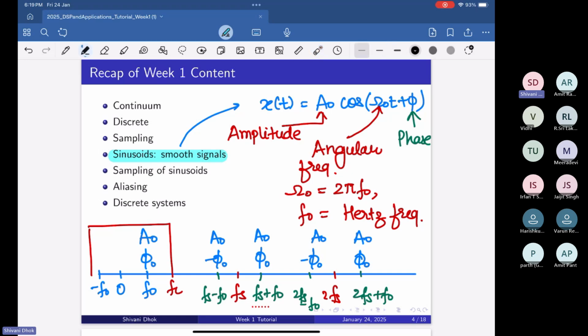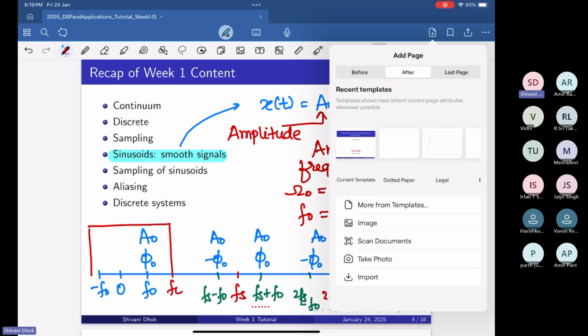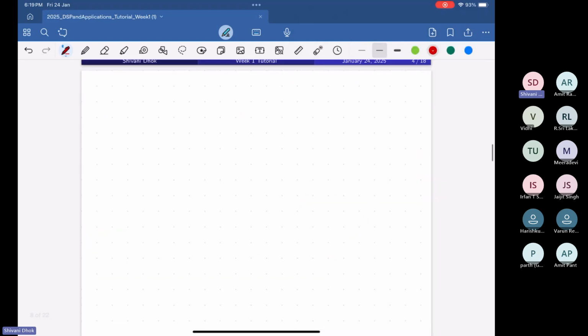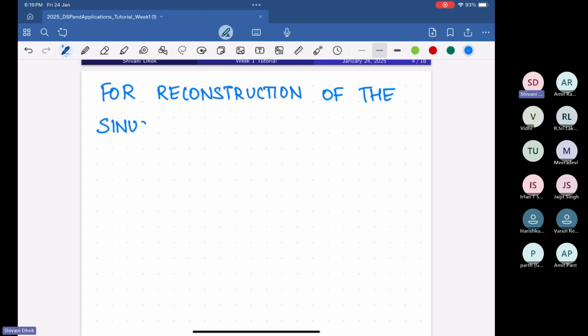So from that, what we got is, for reconstruction of the sinusoid we will use a low pass filter.